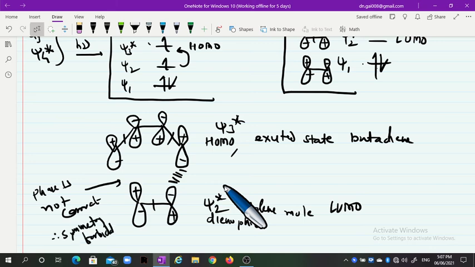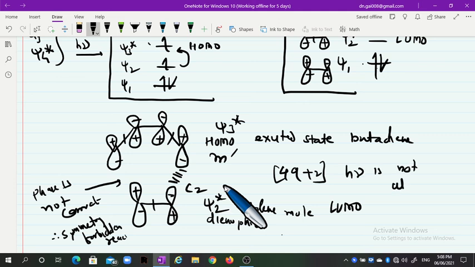The symmetry also does not match, as one has a mirror plane of symmetry and the other a C2 symmetry. Therefore this reaction is not possible. The 4q plus 2 electron photochemical reaction is not allowed, whereas it is thermally allowed.